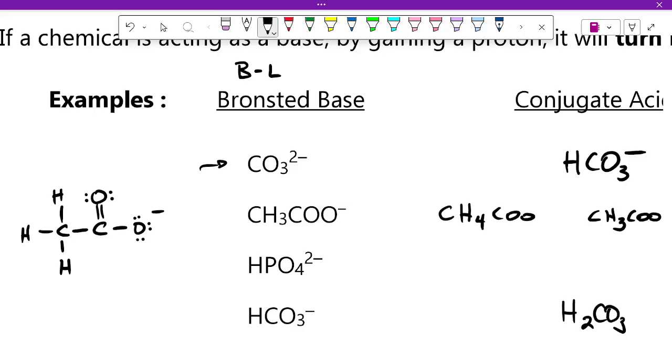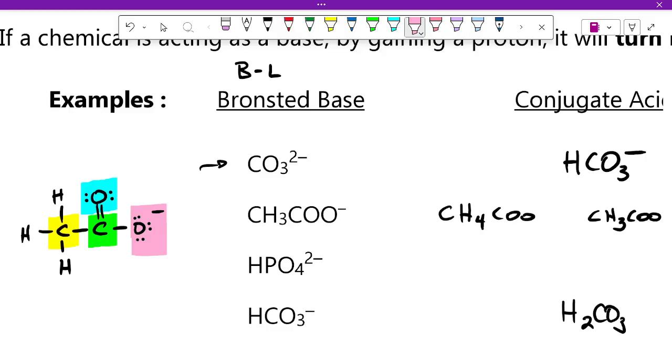Where does the hydrogen attach? Tell your partner, where does the hydrogen attach? Does it attach to the carbon? Does it attach to the other carbon? Does it attach to the top oxygen, to the bottom oxygen? So we got a few choices. We've got the yellow carbon, we got the green carbon, we got the blue oxygen, and we've got the pink oxygen.